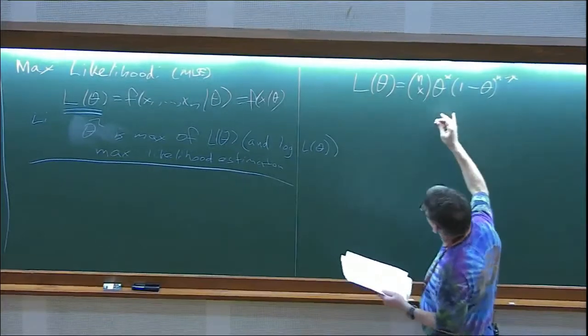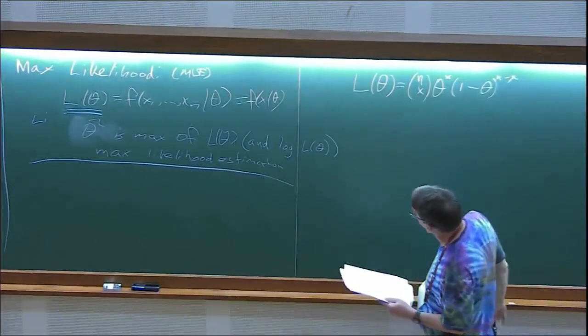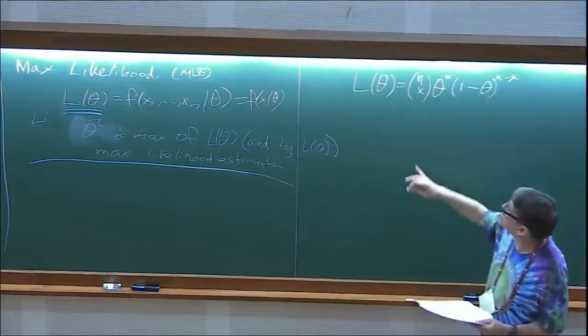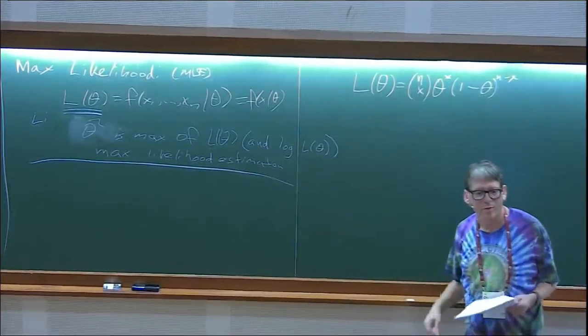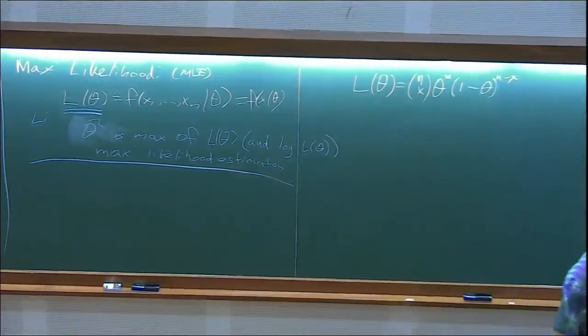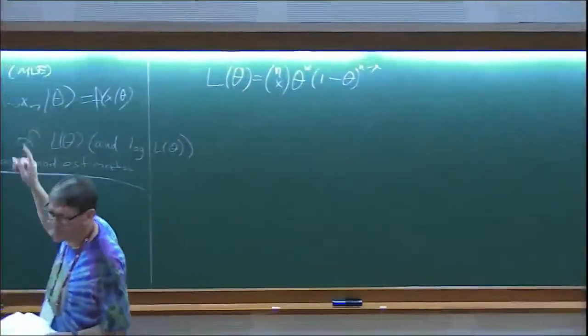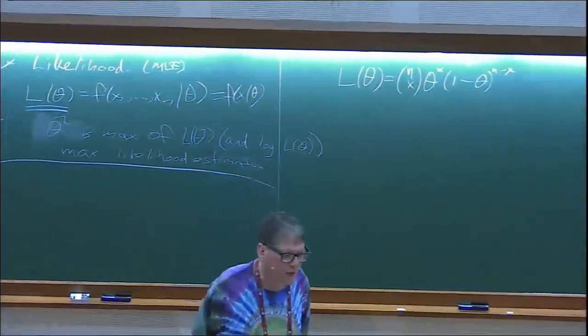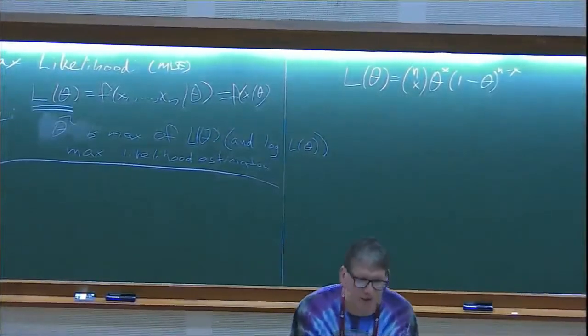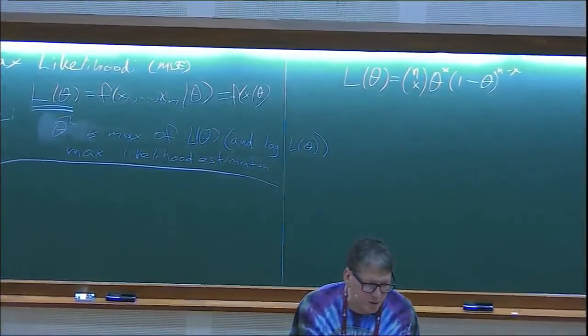And note that I mentioned logs here. So if you maximize L of theta, or you maximize the logarithm of L of theta, that's the same as maximizing theta. And the reason that we're going to be doing this a lot is that it is frequently the case that these random variables that compose the experimental data are independently and identically distributed.